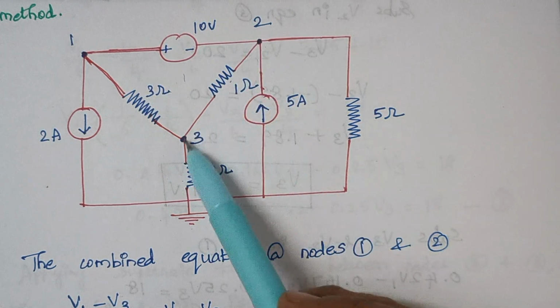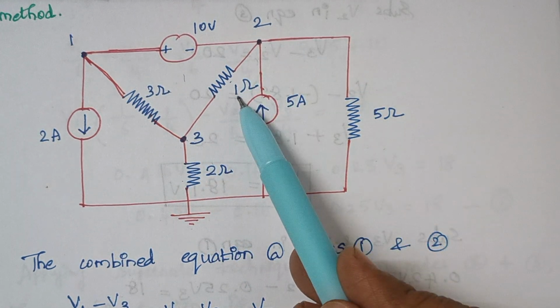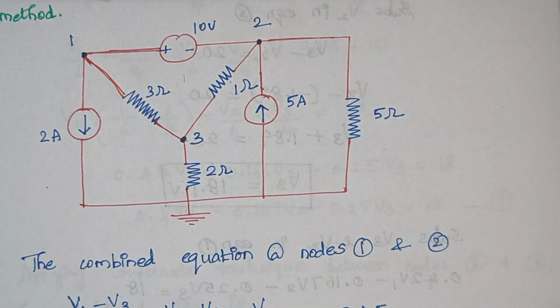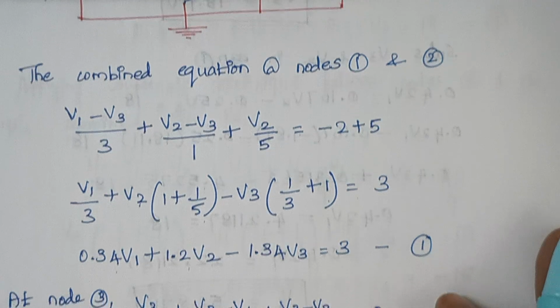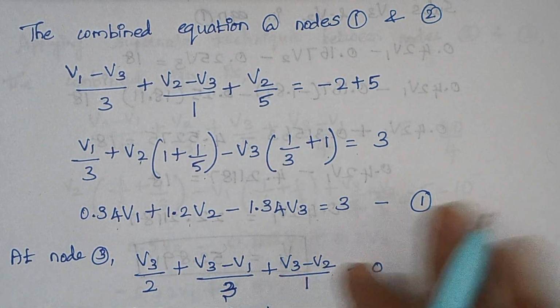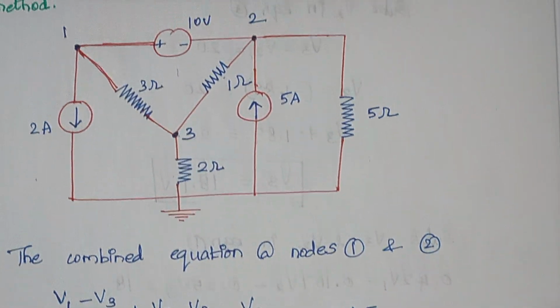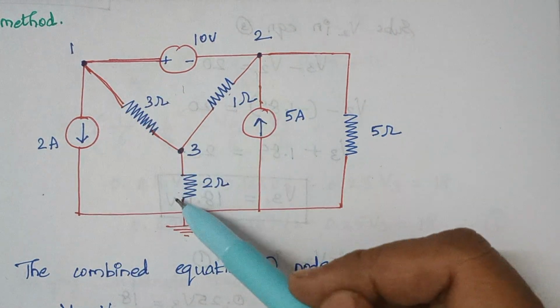The second is (V3 minus V2) by 1 and finally (V3 minus V1) by 3. There is no current source at this node 3, only resistors.